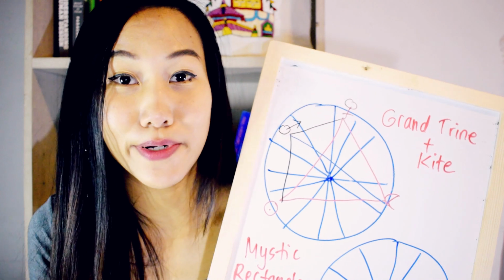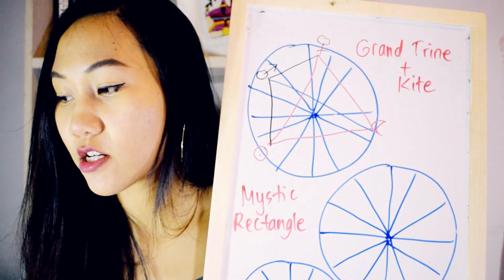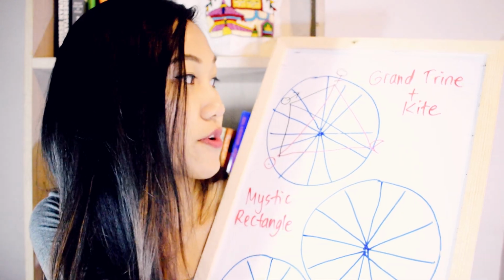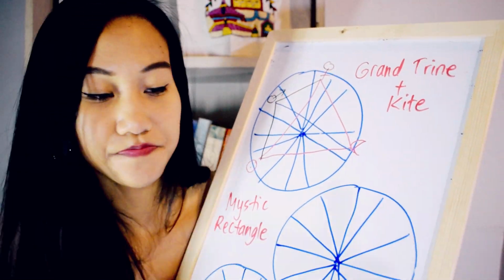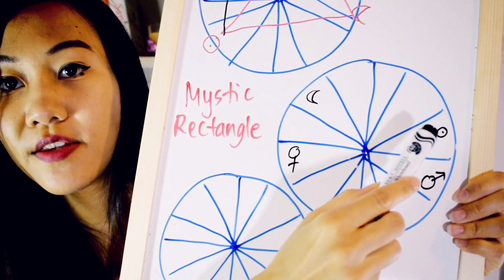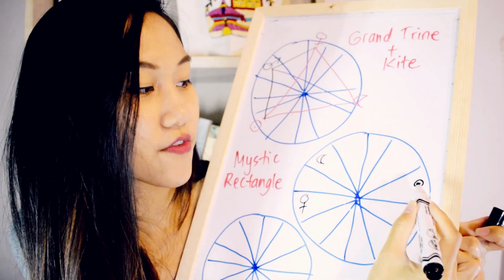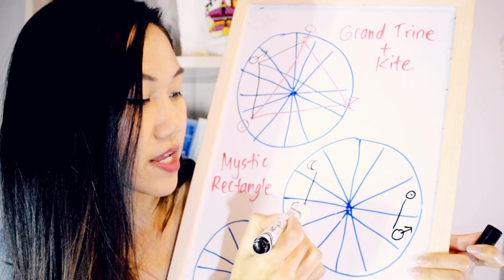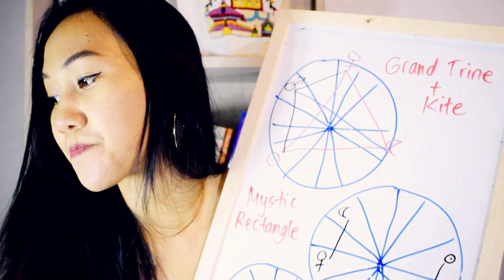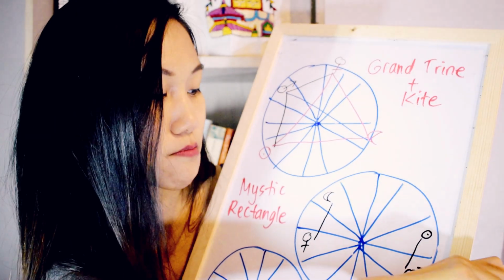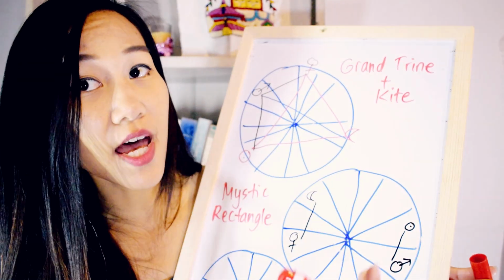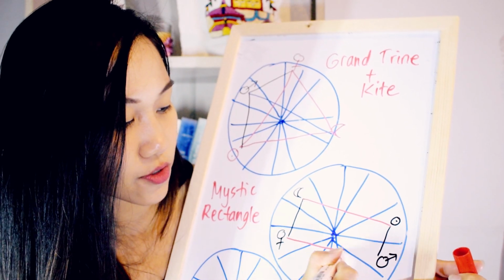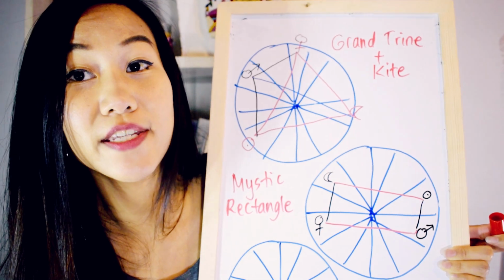So the mystic rectangle occurs when we have 2 sextiles and 2 trines. Let's say we've got the Moon, Venus, Sun, and Mars. If the Sun and Mars are making a sextile, and Moon and Venus are making a sextile, and then we have the Moon and the Sun making a trine, and Mars and Venus making a trine, you've got a mystic rectangle.